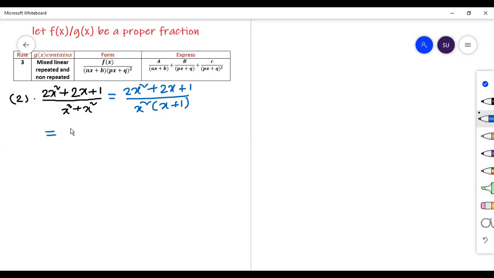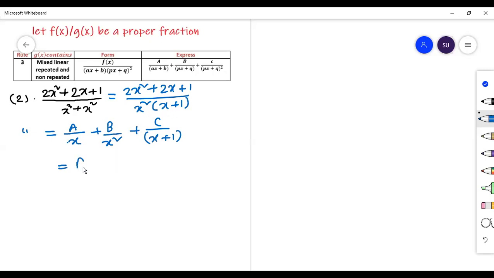So I can write it as A by x plus B by x square because repeated. Third one is C by x plus 1. Correct? Now the left hand side is the same as it is, and x square into x plus 1 will be the LCM.